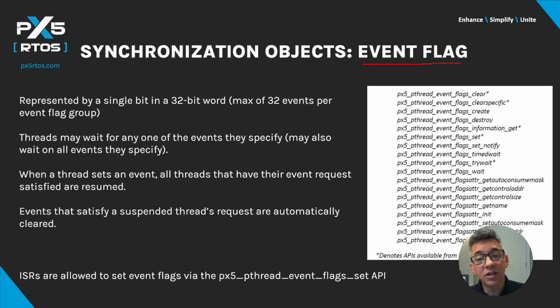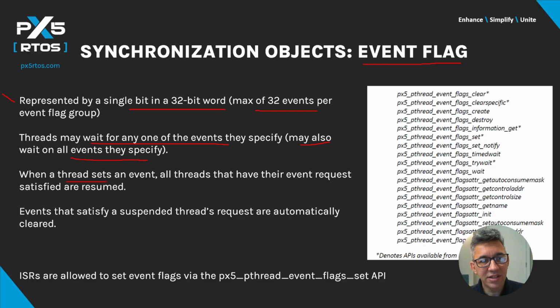Event flags are not part of the pthread API per se, but they are quite useful in embedded real-time programming. These objects are represented by a single bit in a 32-bit word, which allows a maximum of 32 events per event flag group. Then threads might be waiting for one of the events they specify, or they might be waiting for all the events they specify.